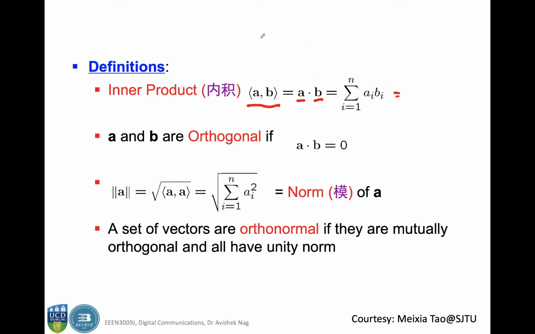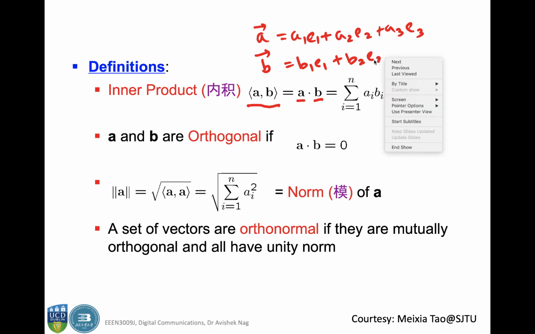So let's say your A vector is A1 E1, A2 E2 plus A3 E3. So let's assume a three-dimensional space, and we have another vector which has components B1, B2, and B3, sorry.